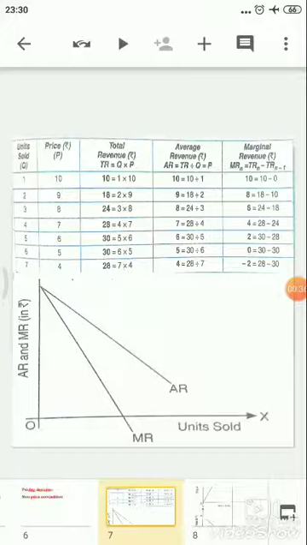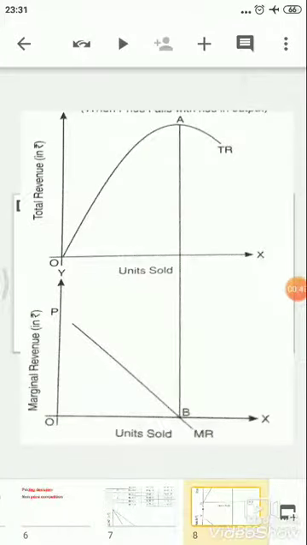After this, when MR becomes negative, your TR starts falling. So the same thing is represented here on the diagram. Now you can see that your MR is falling and TR is rising. When MR is 0, TR is maximum, and when MR is negative, your TR starts falling. So this is the relationship between MR and TR, the marginal revenue and the total revenue.